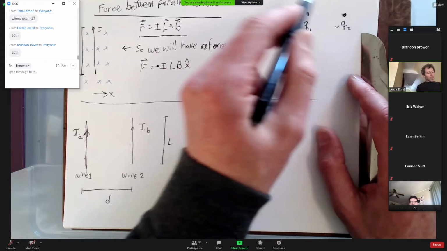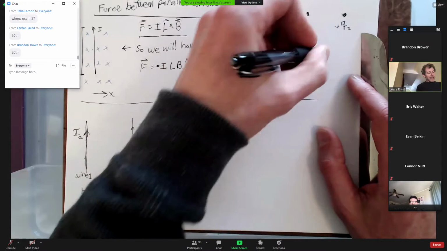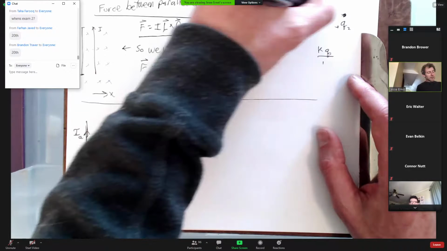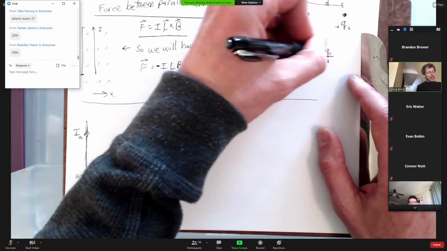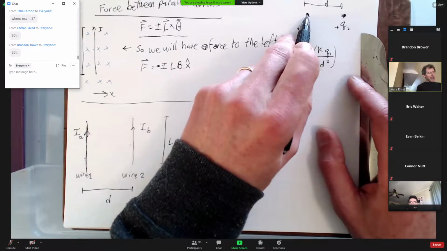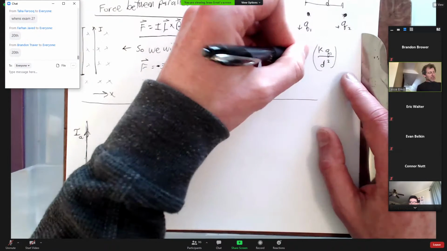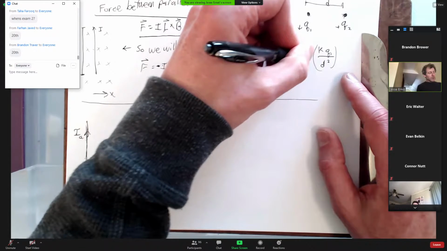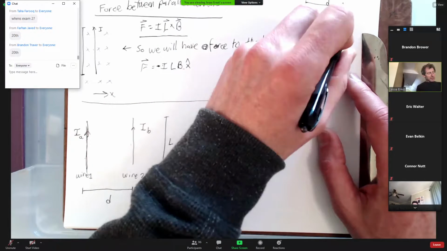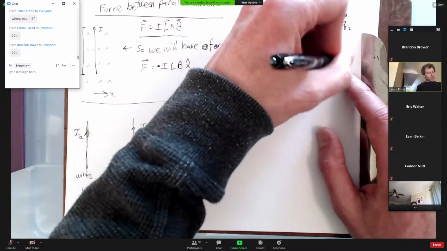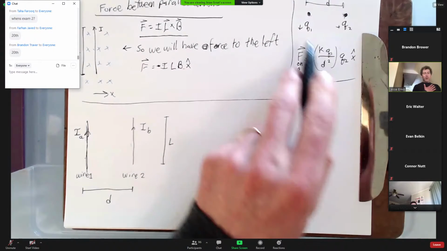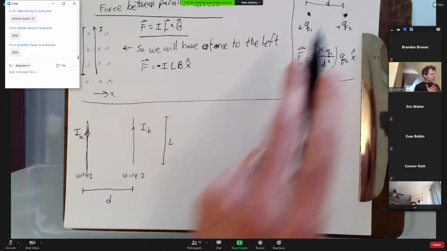The electric field is K Q1 over distance squared, and then the force on Q2 is the E field it's living in times its own charge, in the x hat direction. So that's going way back, and it's the same thing we're going to do here.